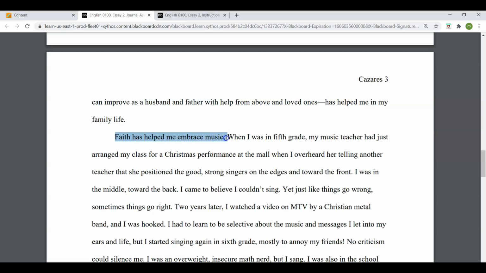Faith has helped me embrace music. So notice my whole essay is about faith, but I'm using elements or areas of my life to show how faith informs or makes me do things a certain way, right? In whatever area of my life I'm talking about. In this case of this paragraph, music, okay?